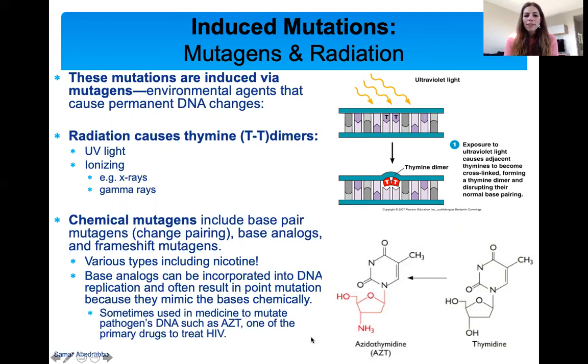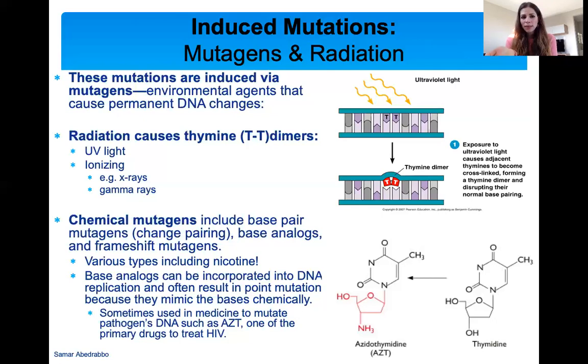Another type of induced mutations can be caused by chemicals, and different chemicals will cause different types of mutations. So there's base pair mutagens, meaning that they change base pairs, so different chemicals can change pairing. We also have base analogs. There's chemicals that we use in medicine that mimic what actual DNA nucleotides look like.